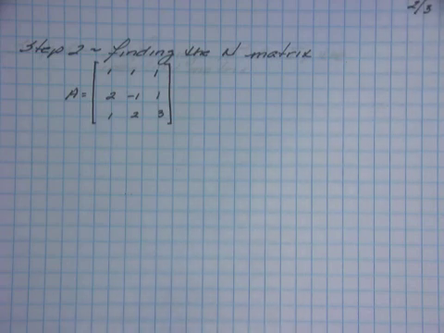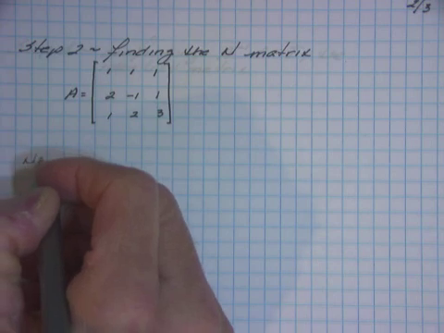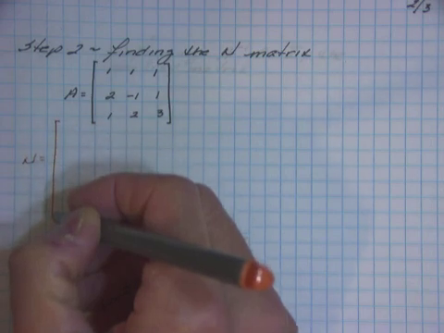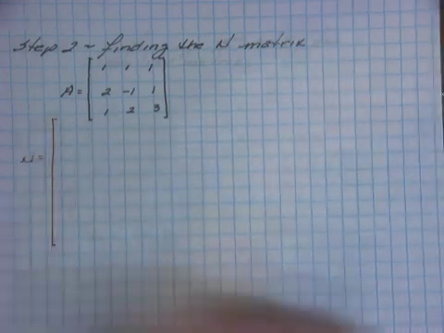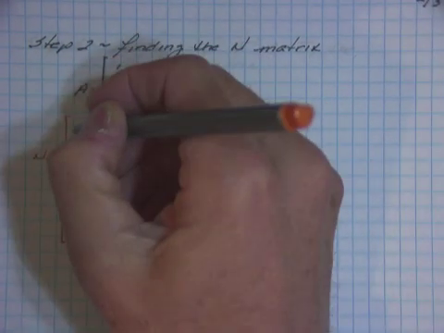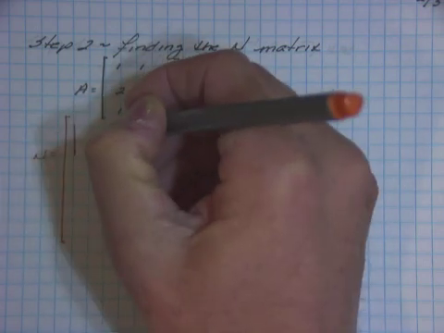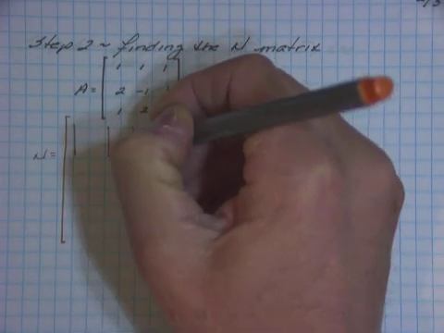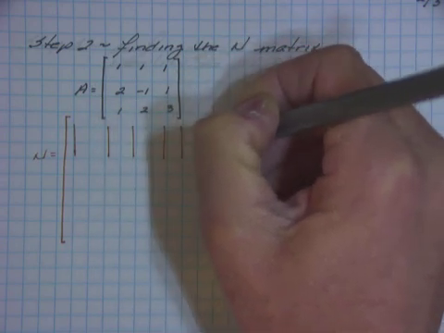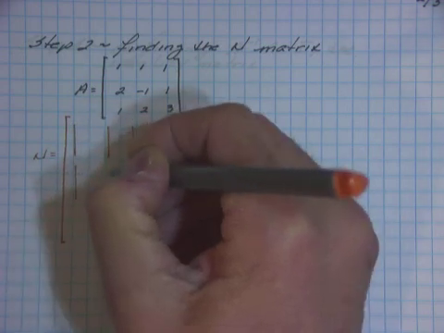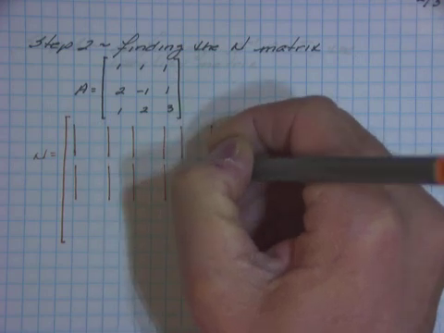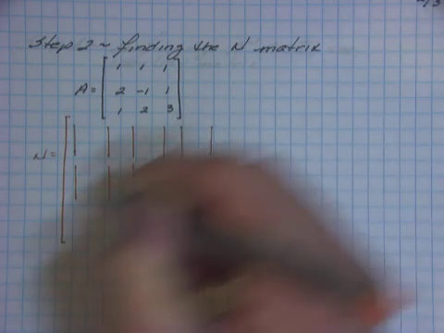Now, this will be fun. N equals a matrix, and it's a series of determinants. So I'm going to have a determinant here, a determinant here, and a determinant here.